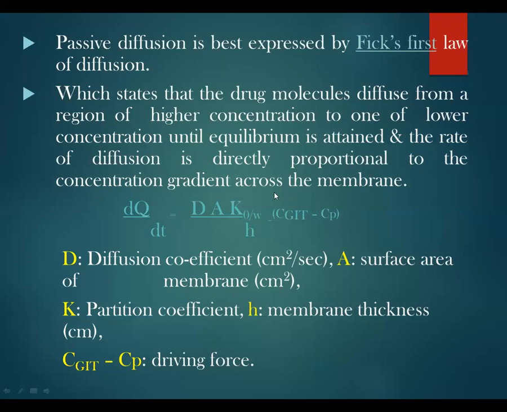If this concentration gradient is always on the higher side, you can imagine continuous absorption happening. And that is what happens in our body, because the plasma concentration is always on the lower side, as the drug molecules are carried away by the blood because of its dynamic property. So it will not allow the drug to undergo equilibration.